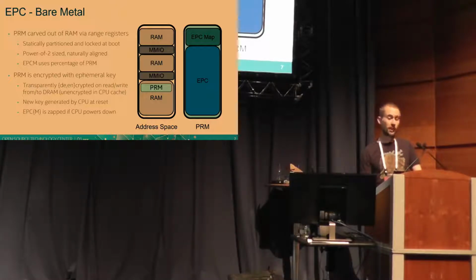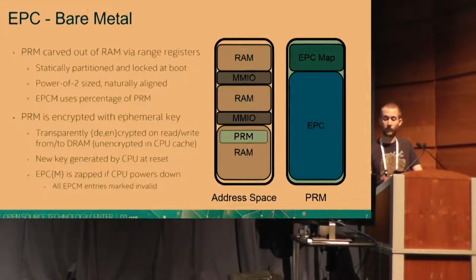So if you lose your EPC map, suddenly all of your accesses start faulting. And part of the SGX architecture states that this is expected, it's going to happen. And if you are developing an enclave, you have to prepare for it. So user space processes that run enclaves are designed to detect these faults and restart their enclaves when necessary.